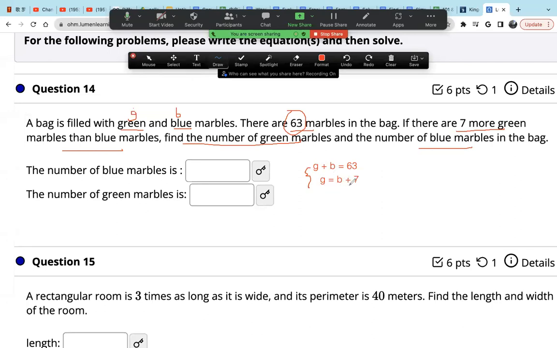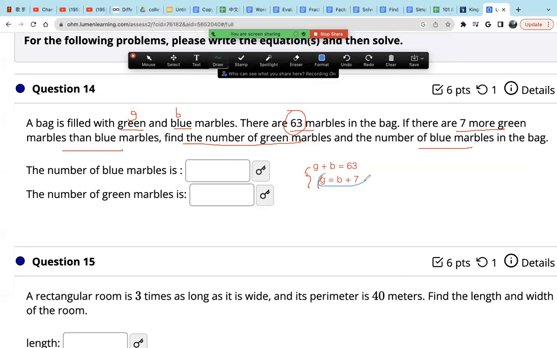So G equals B plus 7. We can just plug in B plus 7 for G. So B plus 7 plus B equals 63.